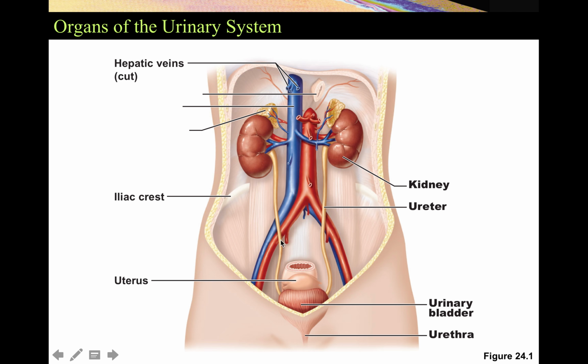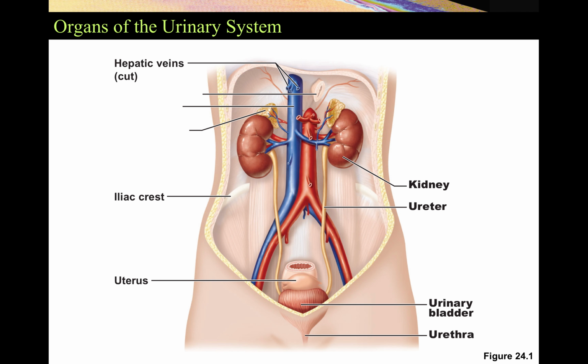These yellow tubes coming down are your ureters. You have the urinary bladder. In women, the uterus, which is basically the womb, sits right above the urinary bladder, and a tube opening to the outside is known as the urethra.